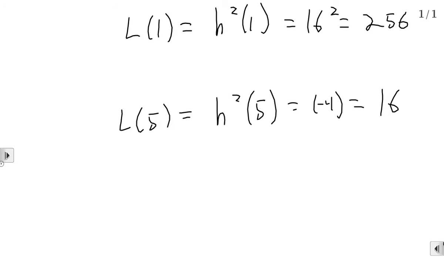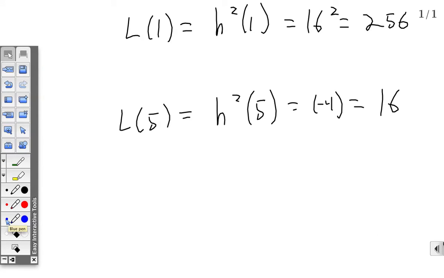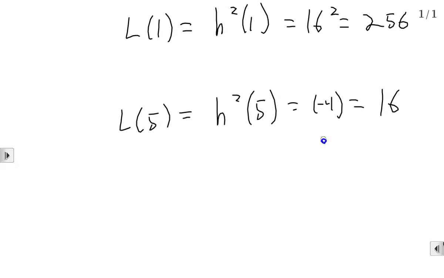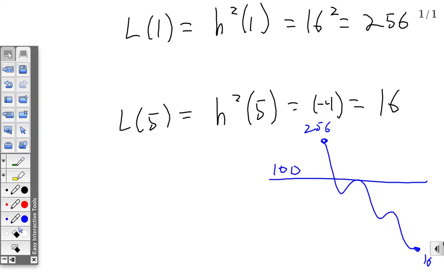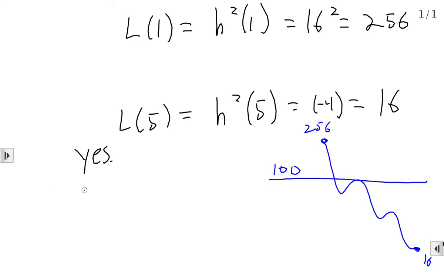So what we're basically saying is this function starts off way up here at 256 and drops all the way down to 16. So gosh darn it, 100 has got to happen somewhere. So we say yes. Our reason is because L is continuous, the intermediate value theorem applies.